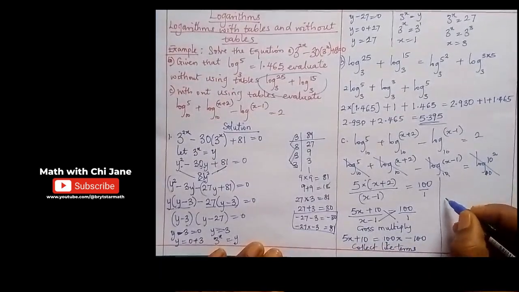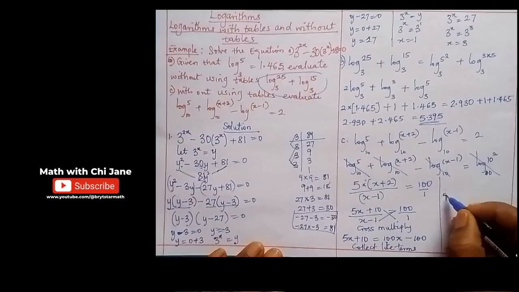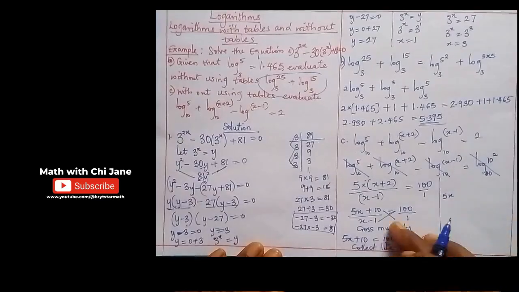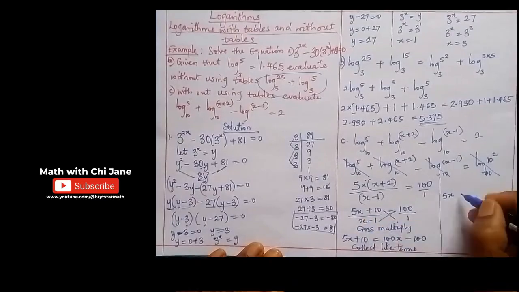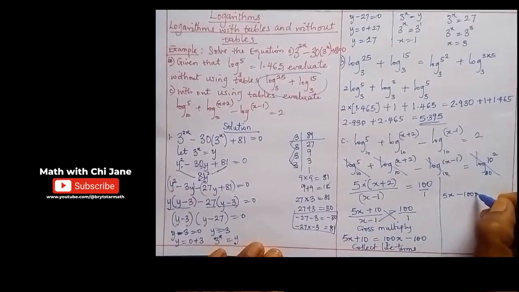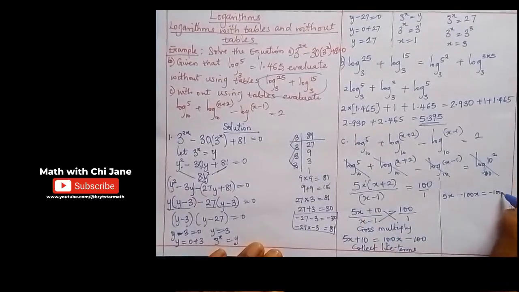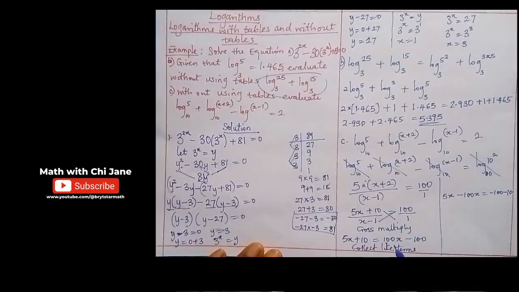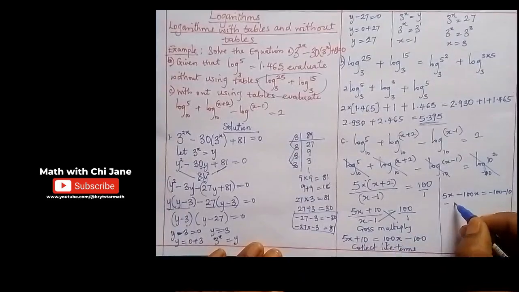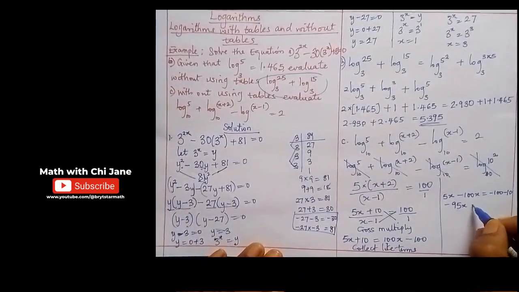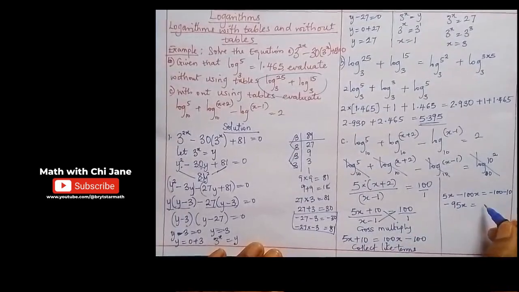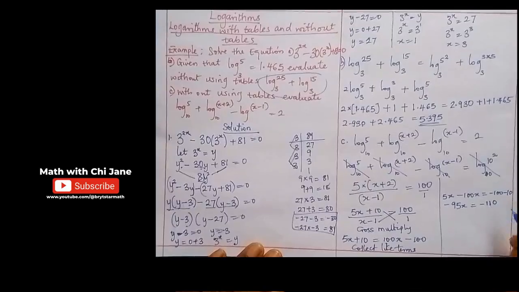Collecting like terms, we have 5x; 100x moves over here and becomes minus 100x, is equal to minus 100, then plus 10 moving over here becomes minus 10. So this is minus 95x is equal to minus 100 minus 10, which is minus 110.